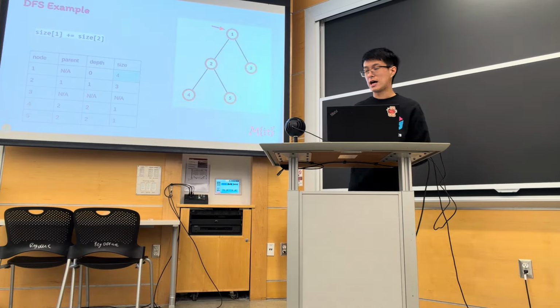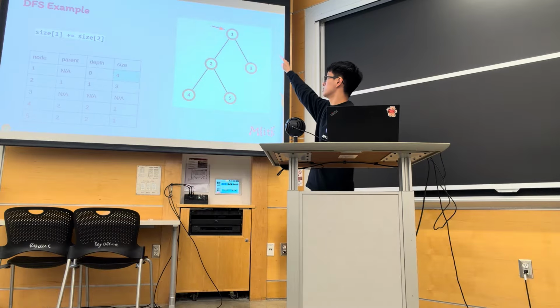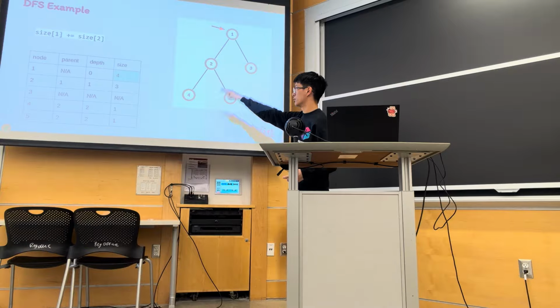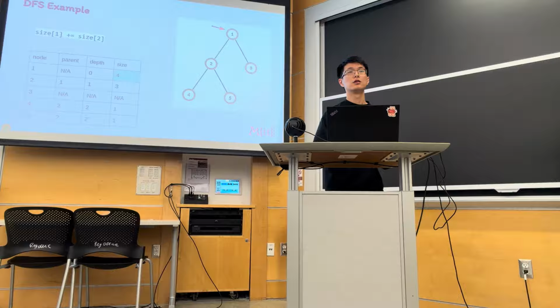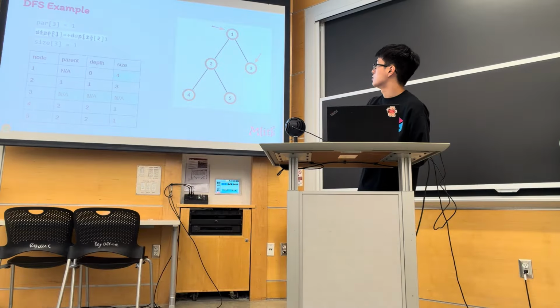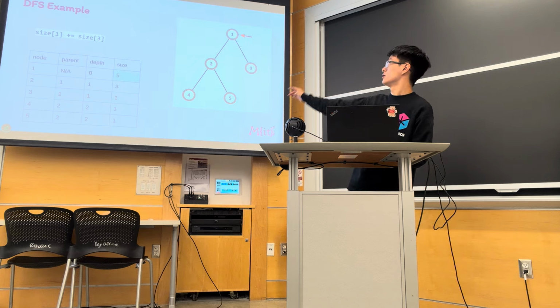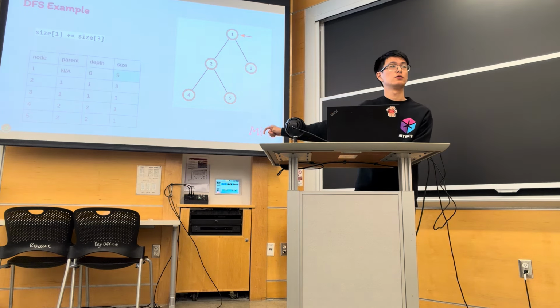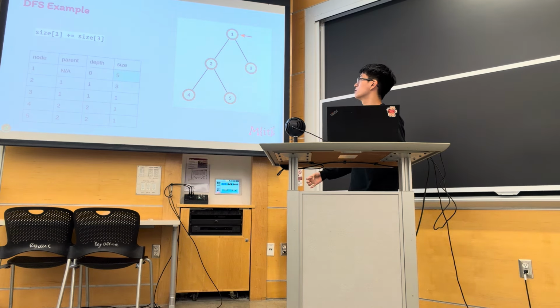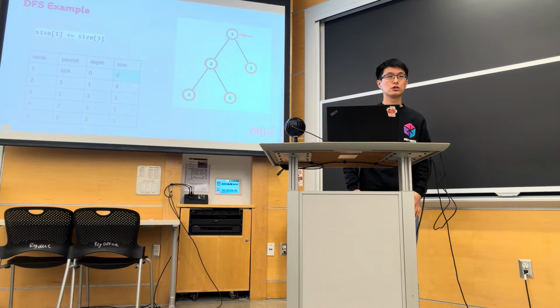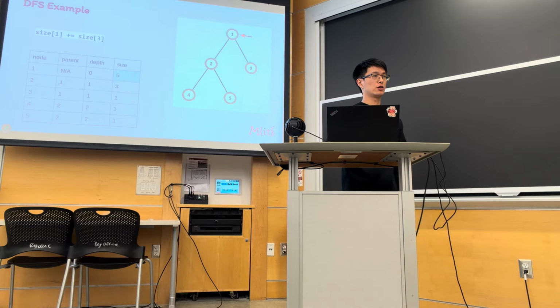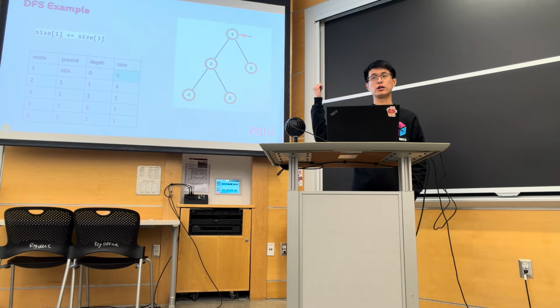So we'll add the subtree size of node 2 to node 1, bringing it to the 4 nodes that we visited so far. Then we'll go to our final node, node 3, which is a leaf node, and we'll update our size again to have a size of 5. So this is a step-by-step run through of how this DFS works. Are there any questions about any of the updates or the code itself?